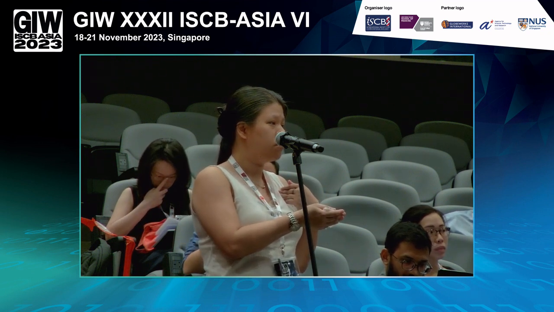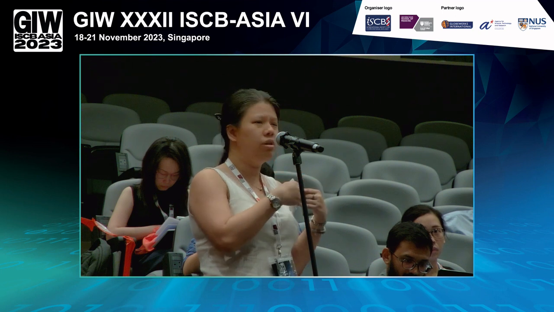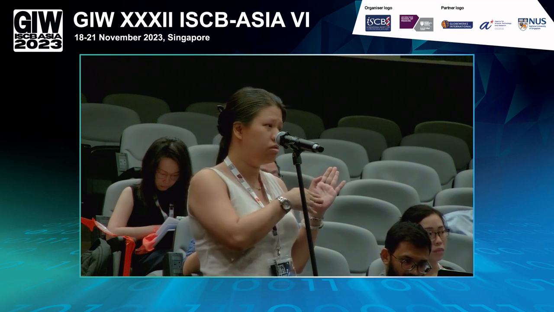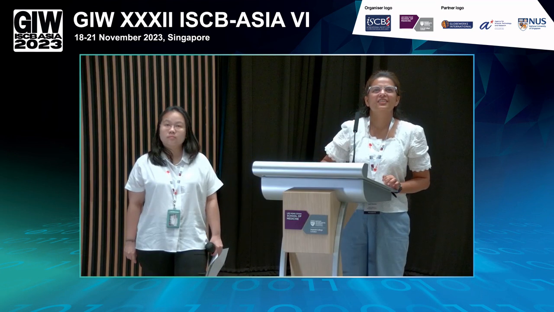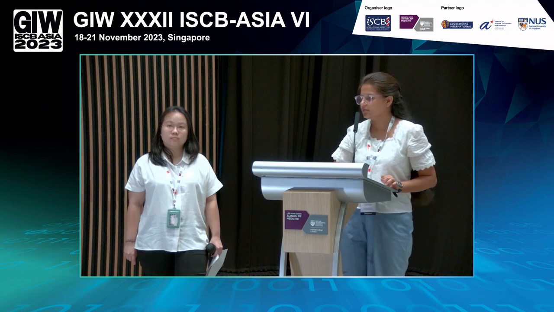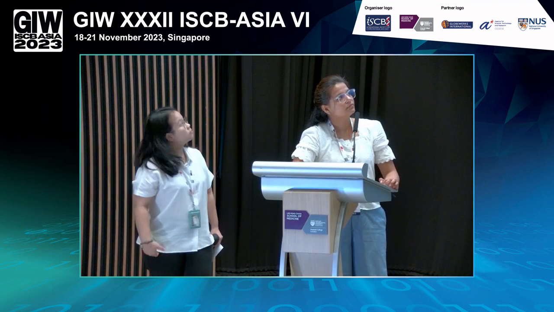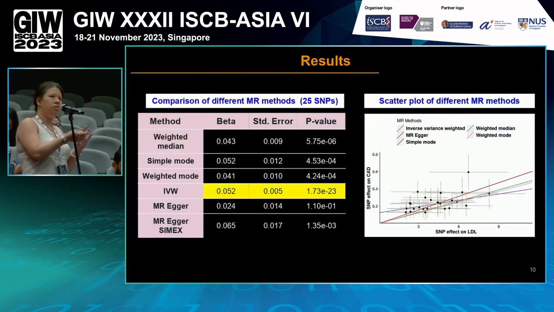Yes, that was the overall MR method p-value. Yeah, you have your method, you are using IVW. Yes. Sorry, your voice is not clear. Can you go back to the slide comparing lots of MR methods? Oh, sorry. Yeah, this one. And so you say that the p-value is great.